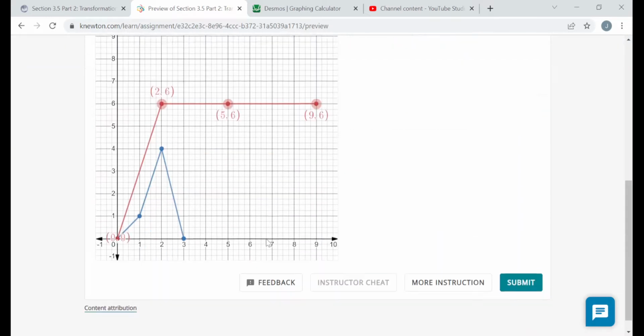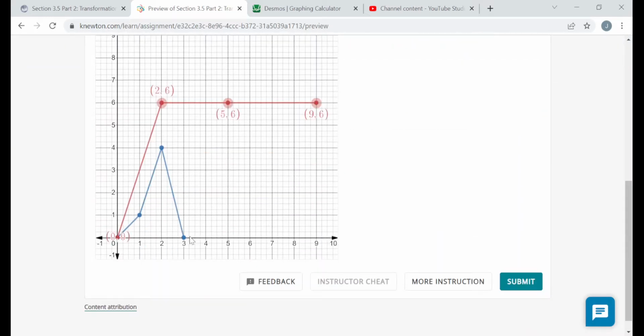So I'm taking all the points on the blue graph and multiplying their x coordinates by 1/3. So 0, 0 is going to stay at 0, 0. This is 1, 1. So that's going to go to 1/3, which is 0.333 here, 1. There. Now you see how the red point is 1/3 of the distance from the y-axis than the blue point.